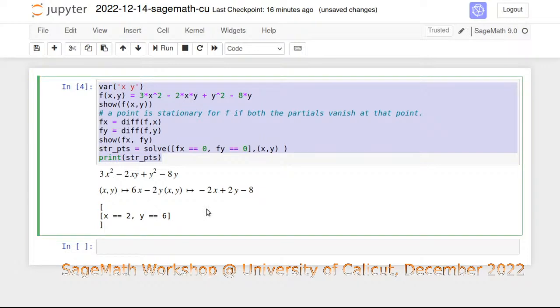You may try to modify inside the solve expression. I have given x, y as a tuple. You can try to modify it as a list and see. And similarly, fx equal to 0, fy equal to 0 is given as a list.